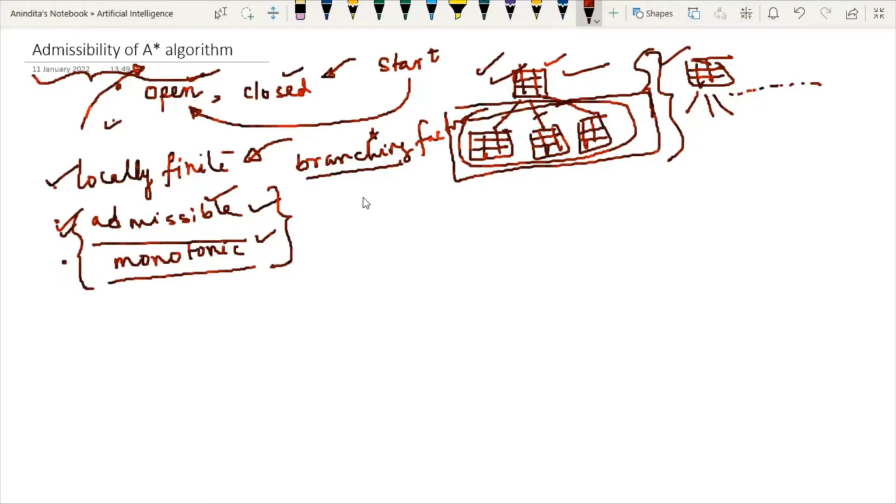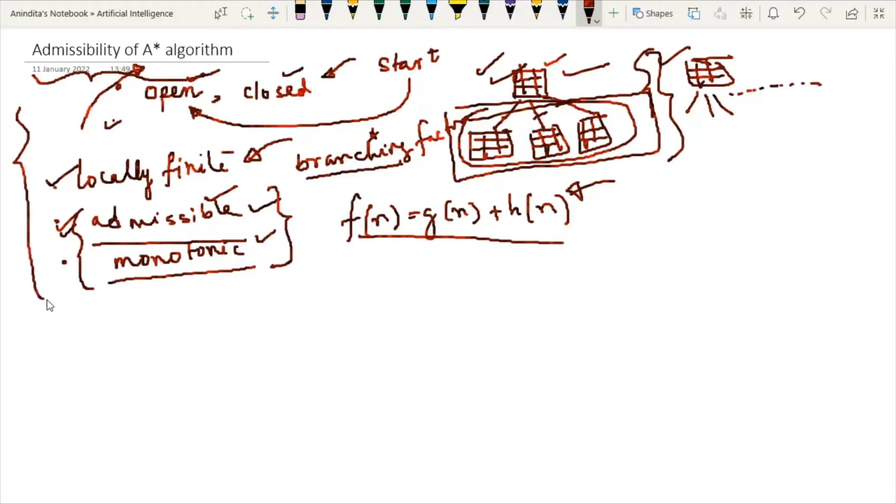We have one function, we know that f(n) equals g(n) plus h(n). I have discussed this term. It represents the path cost and helps the A star algorithm evaluate the path cost in the most efficient manner. Now see how, by using all of these terms, we can prove that the A star search algorithm is admissible and complete, right?